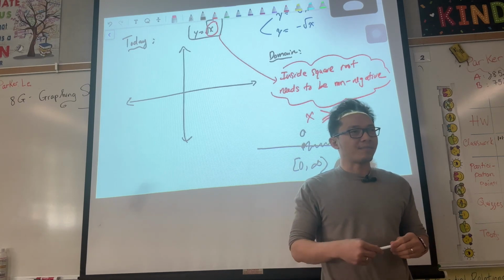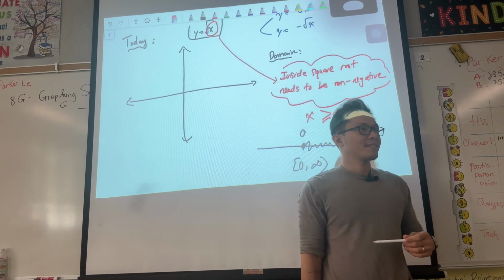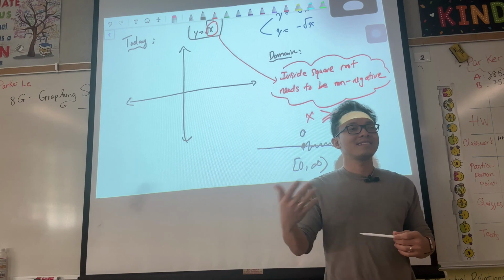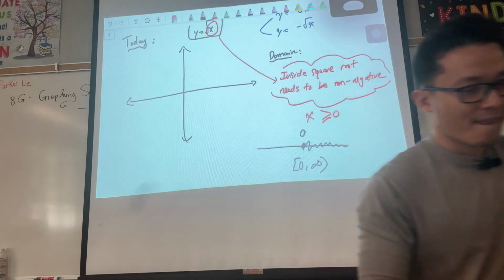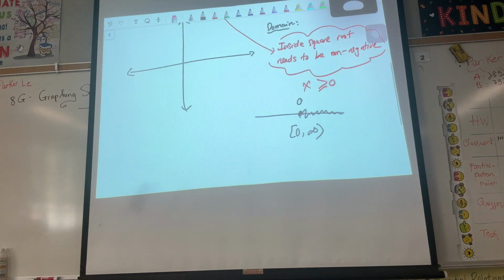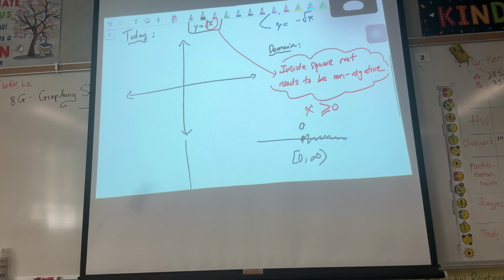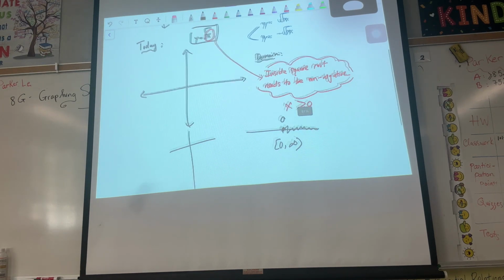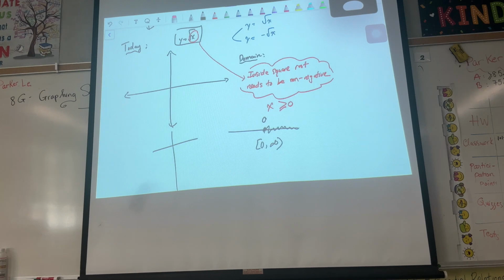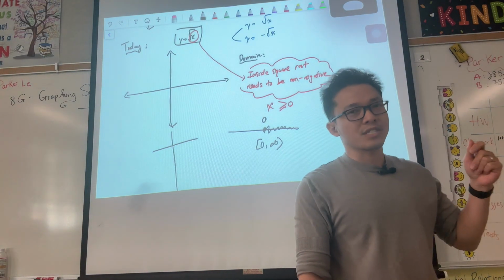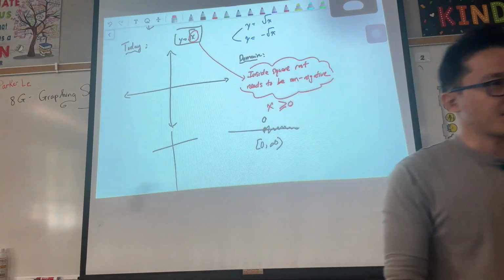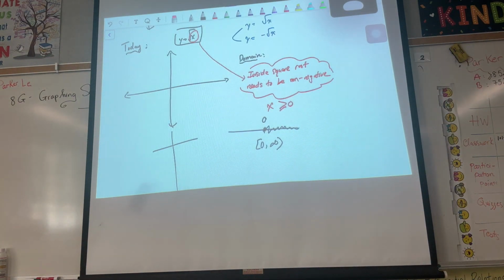It works every time that you find a point. What is it called? Oh, the T table. The T table. Yeah, it works every time. Whenever you want to sketch a graph, use a T table. Like, find a point. That's it.